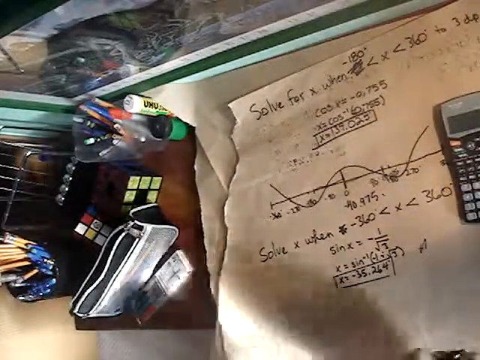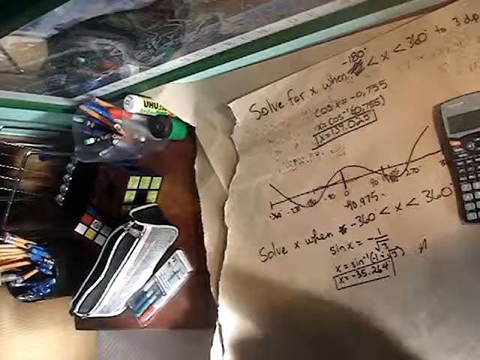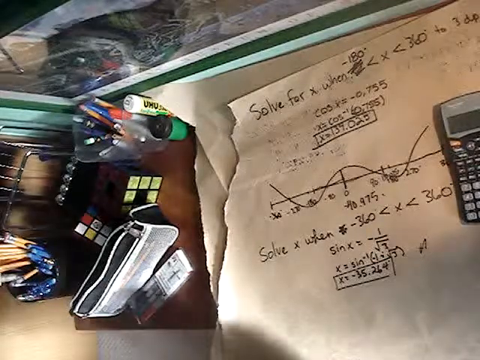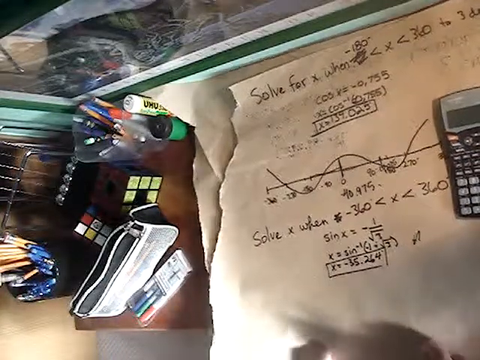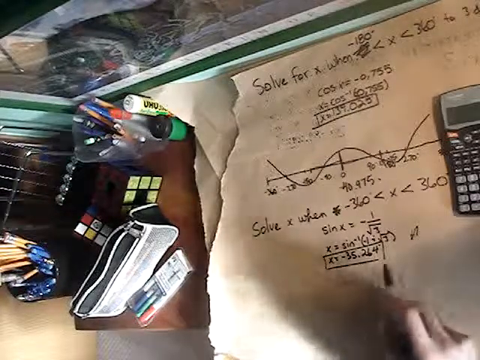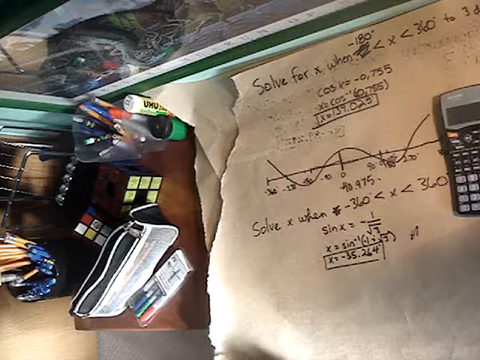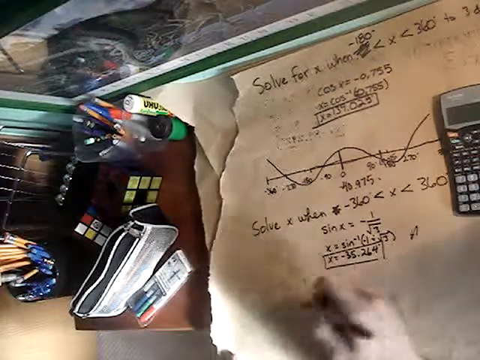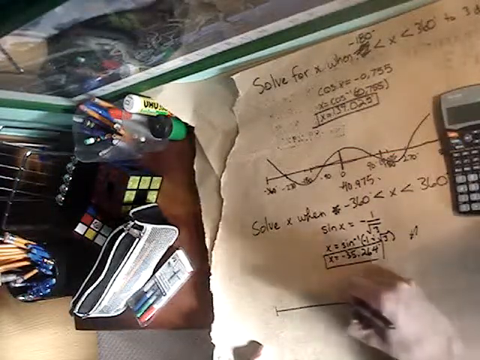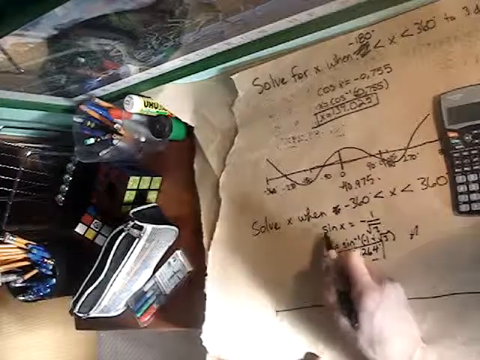Solve for x when x is greater than negative 360 degrees and smaller than positive 360 degrees. So I've gone through and we've solved the answer of negative 35.264. So now, this time, we're going to draw the sine graph because we're working with sine.